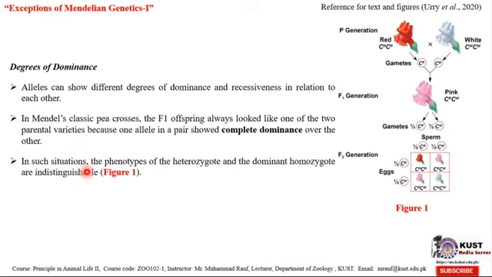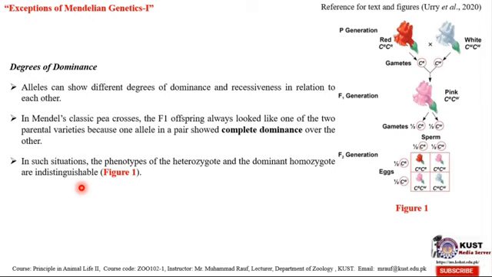In such situations, the phenotype of the heterozygote and the dominant homozygote are indistinguishable. Dominant homozygote means the genotype of the individual for a particular trait is homozygous.